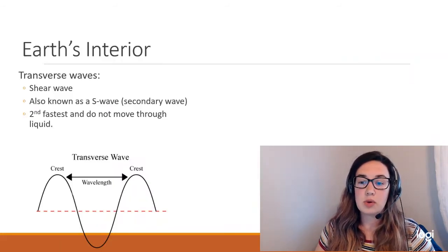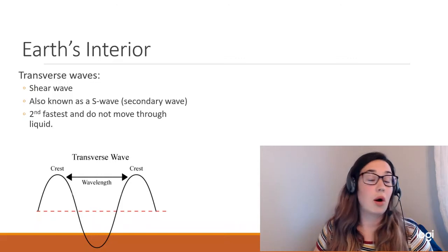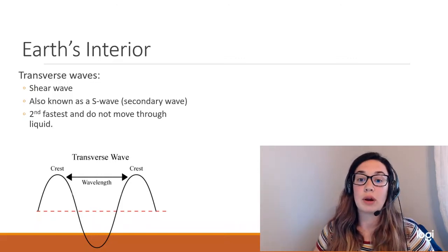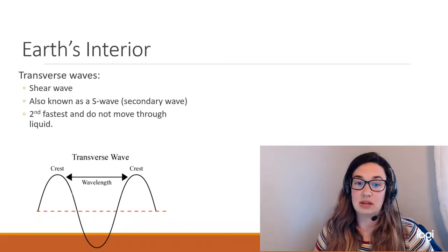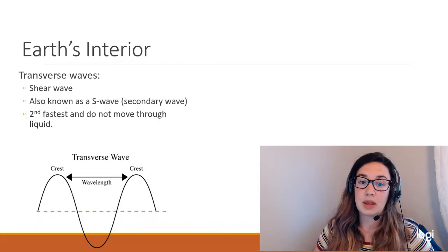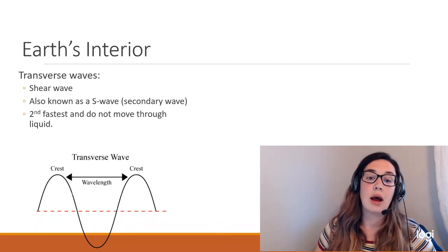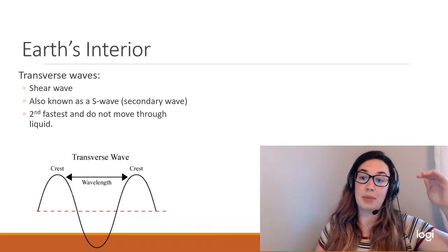Okay, so we also have our transverse waves. These are also known as shear waves, also known as an S wave or a secondary wave. These are the second fastest of waves, and they do not move through liquid. This is what you would see moving up and down, where there is a crest or a top of the wave.